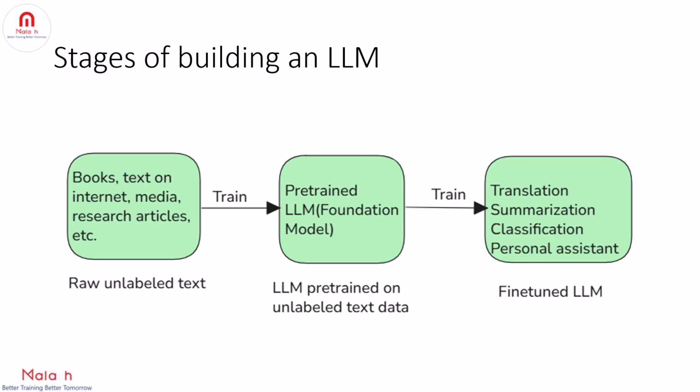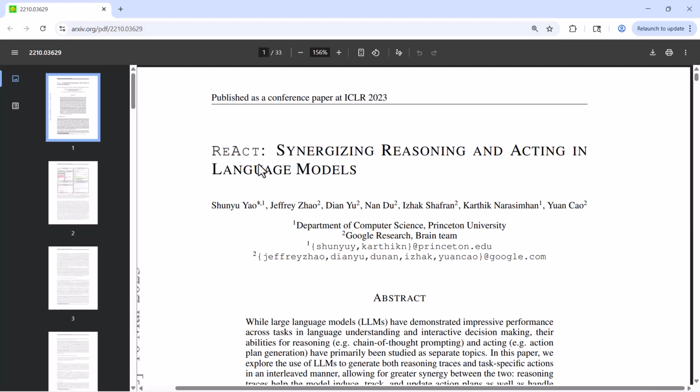Let me show that article as well: ReAct, synergizing reasoning and acting in language models. We will understand how LLMs are integrated with agents, that is, how LLMs are equipped with reasoning as well as action, and we will learn this in the next lecture.